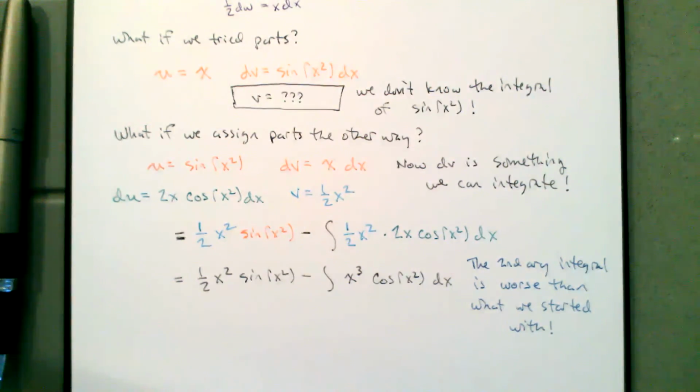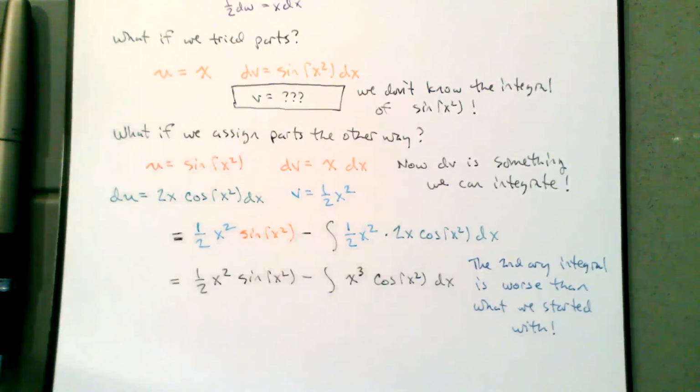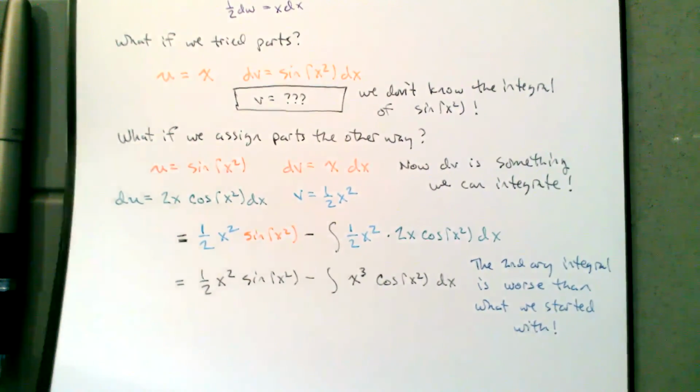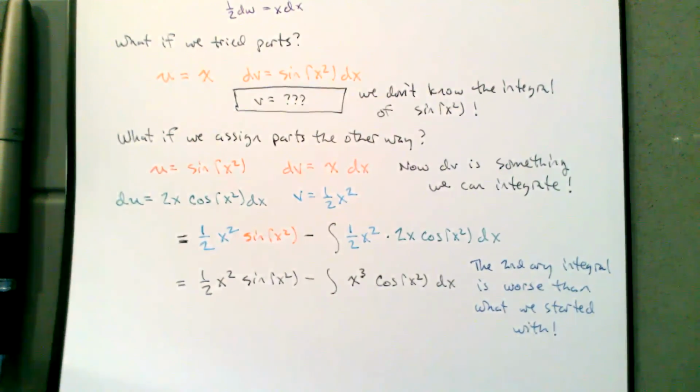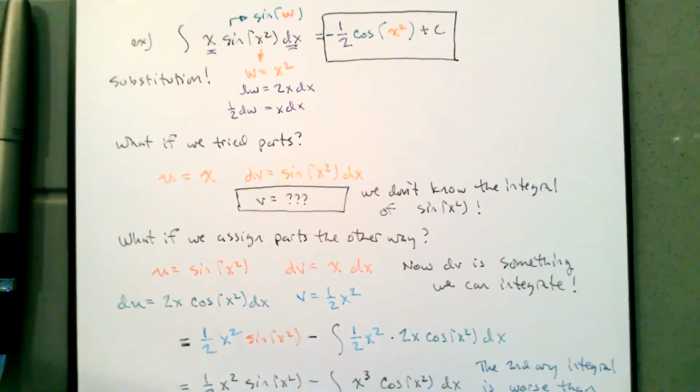Another place you'd notice that you're not in a parts problem is when you're assigning dv, we don't know the integral of sine of x squared, but if there was an x there, we do know the integral of x sine of x squared. But in that case, we're not going to do parts. We're just going to drop back and do a substitution.